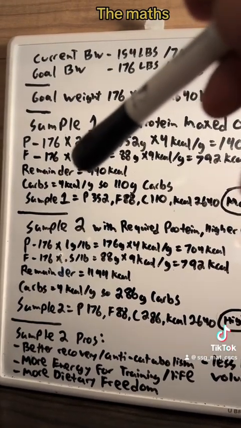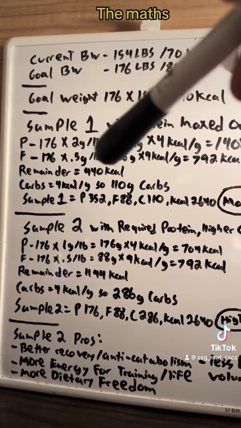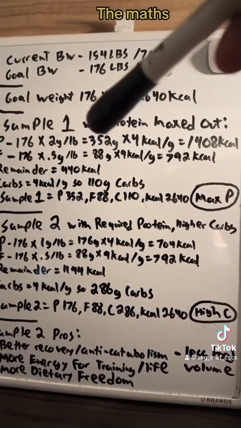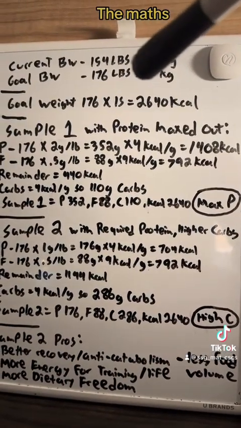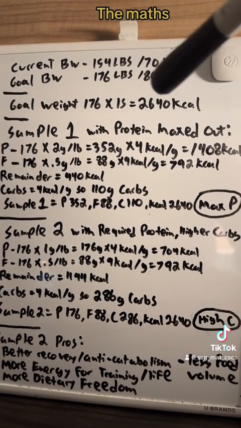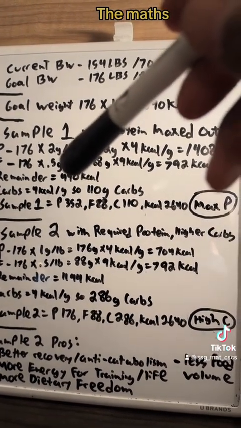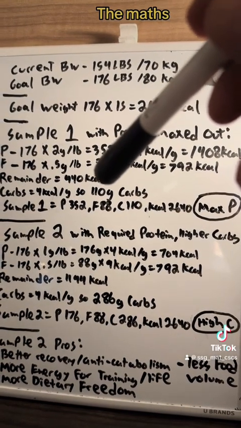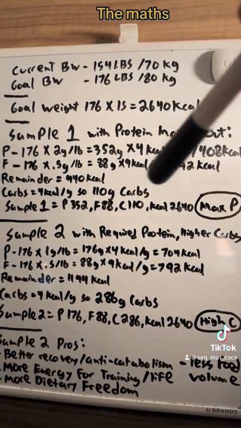So since carbs are 4 calories per gram, that's easy math, that gives us 110 grams of carbs. So with protein maxed out and with our calorie calculation for his target weight at 2,640 calories, we have 352 grams of protein, 88 grams of fats, and 110 grams of carbs.